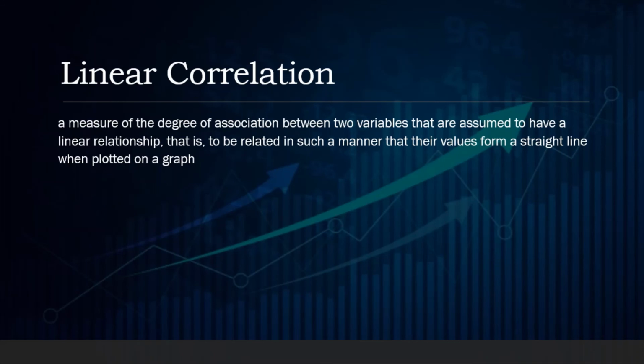Linear correlation is a measure of the degree of association between two variables that are assumed to have a linear relationship, that is, to be related in such a manner that their values form a straight line when plotted on a graph. Linear correlation provides an index of the degree of constant change in the value of one variable y for each unit change in the value of another variable x.